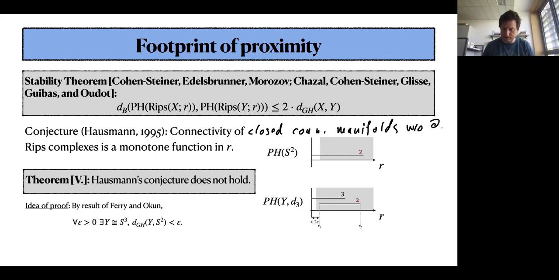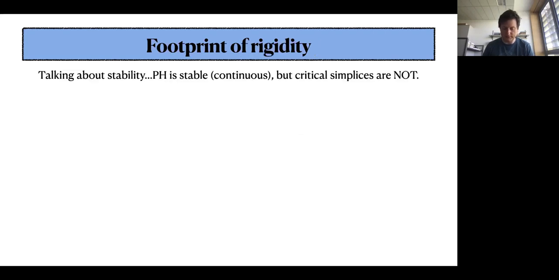All right. And the last footprint is called the footprint of rigidity. So that's, I think we just put an archive paper on, well, preprint on this last week or maybe this week. So what does it talk about?